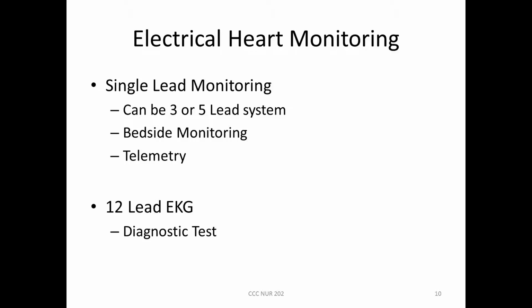Nurses should know the most ominous rhythms, basic dysrhythmias. They should be able to pick up on those and report that out. Now, they're not diagnosing from this at all, but they do need to know enough to monitor that telemetry or that monitor and pick up on any dysrhythmias. Now, the 12-lead EKG is a diagnostic tool.